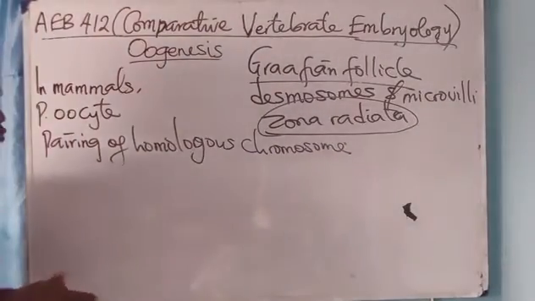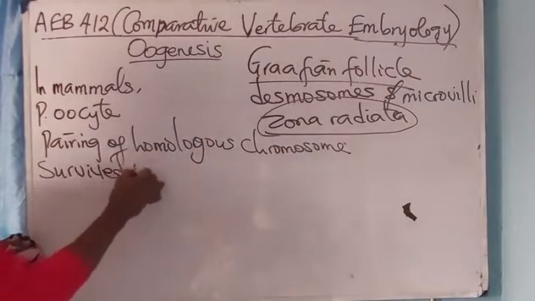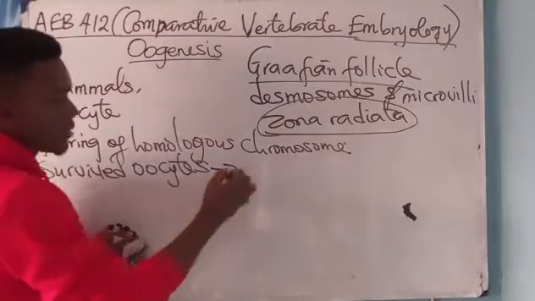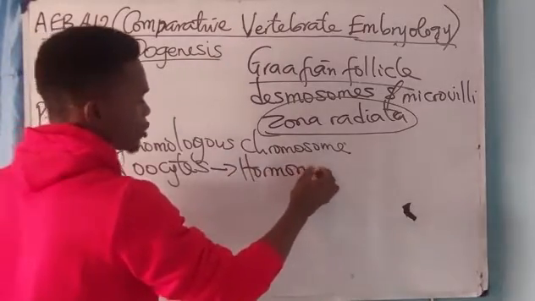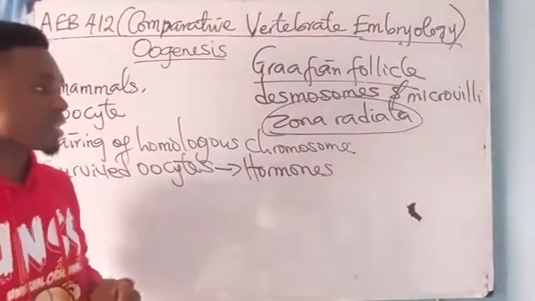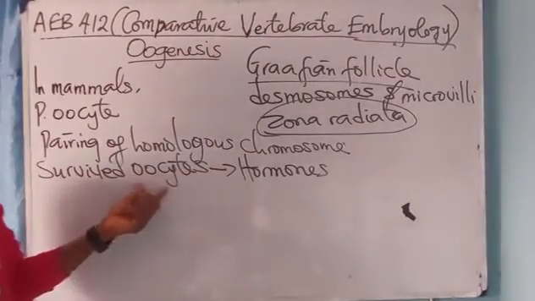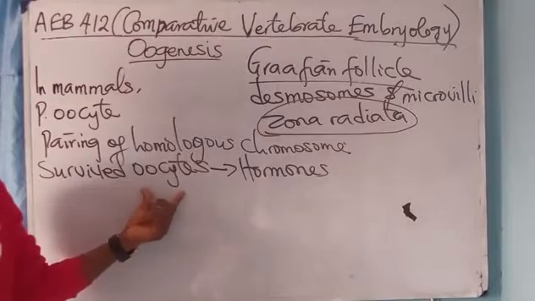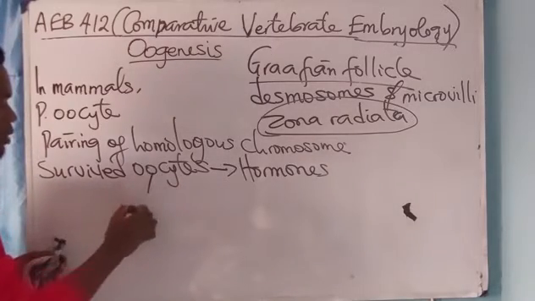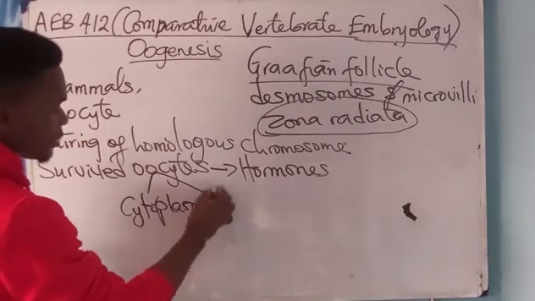Now, the survived oocytes after a very long time are then triggered by hormones and other environmental conditions that are associated with reproductive functions. They trigger the enlargement of these survived oocytes. This enlargement has to do with the cytoplasm and the nucleus.